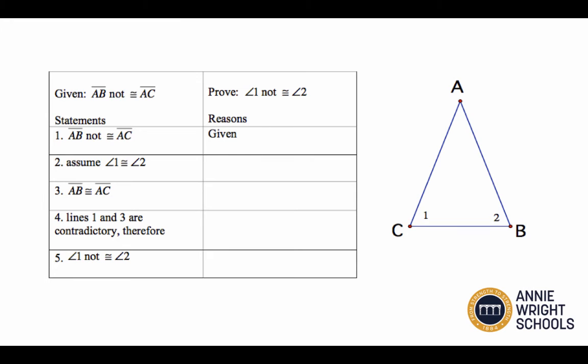Okay, so let's take a look at this one. Very similar setup. I'm given that two segments are not congruent. I want to prove that angle 1 is then not congruent to angle 2. So I'm going to assume that angle 1 is congruent to angle 2. So that's the indirect proof assumption. Please use more than the first 3 letters to abbreviate assumption.